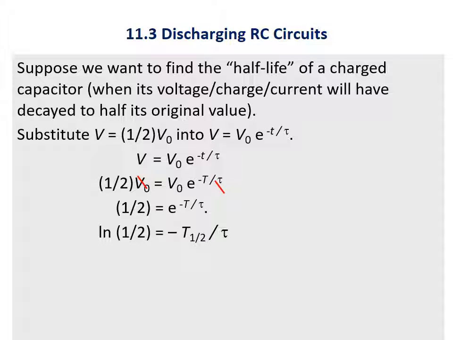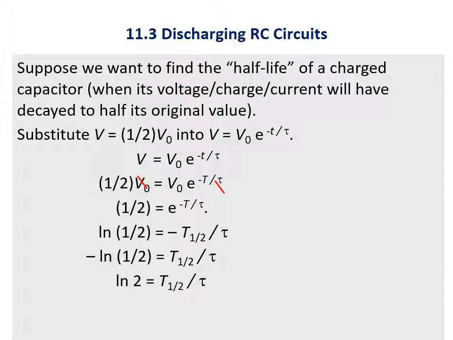I can take the natural log on both sides. ln of 1/2 equals negative t divided by tau, because the ln cancels the e. I have moved the negative sign to the other side of the equation, and negative ln of 1/2 is the same as ln of 2.